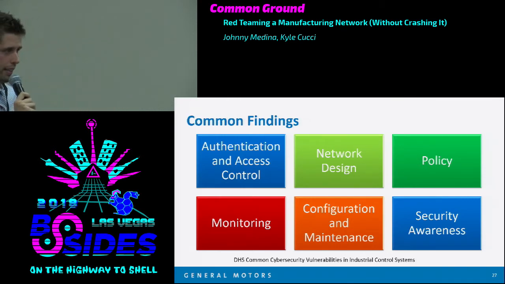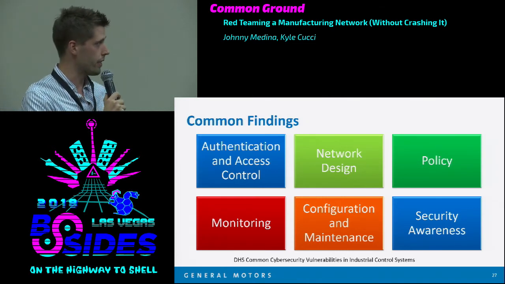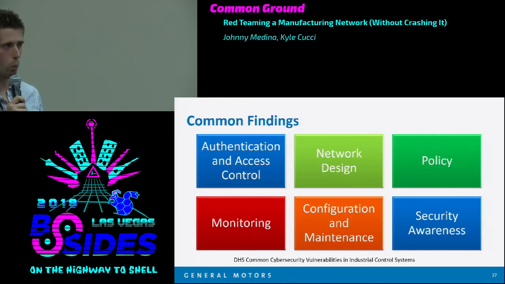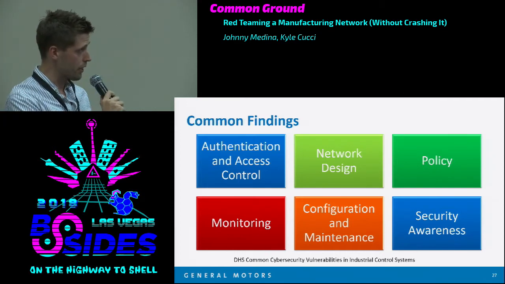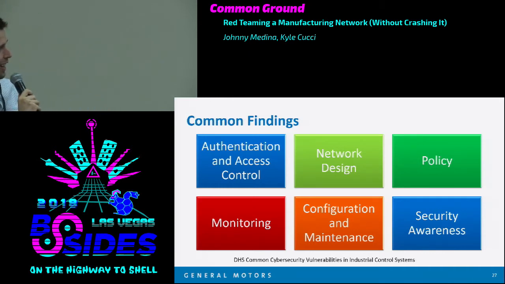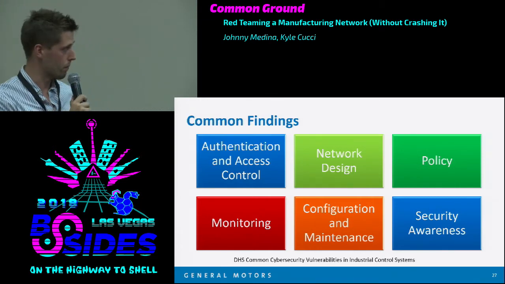Another thing about network design is networks were not very well documented, so the IT staff and the security staff sometimes didn't know what was on the network and how the network was laid out, and there was no formal documentation for this. Policy was another big one. Sometimes there weren't any. There should be some policies governing, basically, security governance. There should be some policies governing different aspects of manufacturing security.